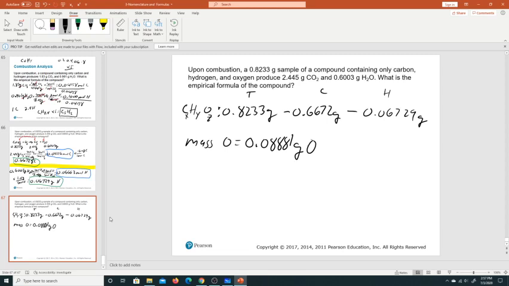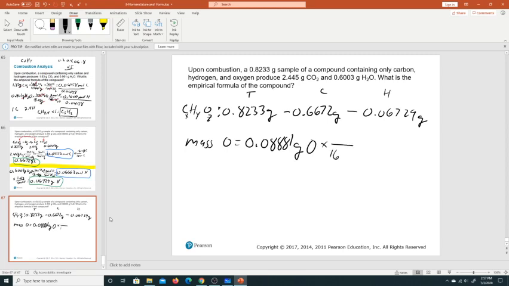Alright, just like the other problems, once you hit number of grams, now we find moles. Remember, we're comparing moles, not grams here. So 0.8233 grams total, subtract off the parts. That gives us what's left over. We'll convert this now into moles of oxygen.